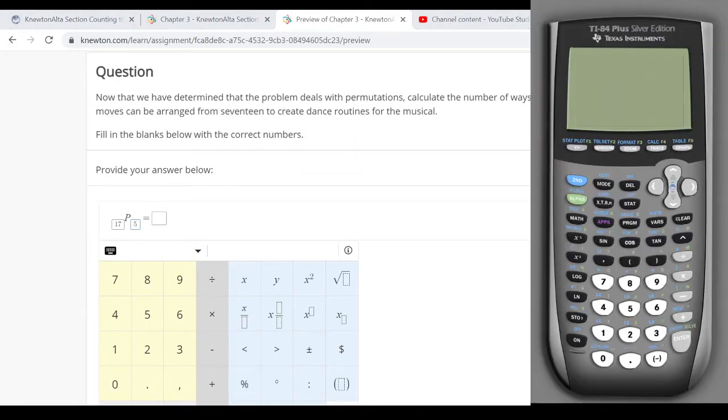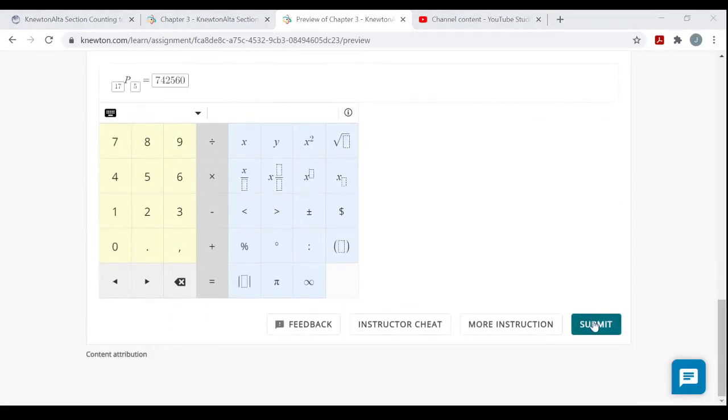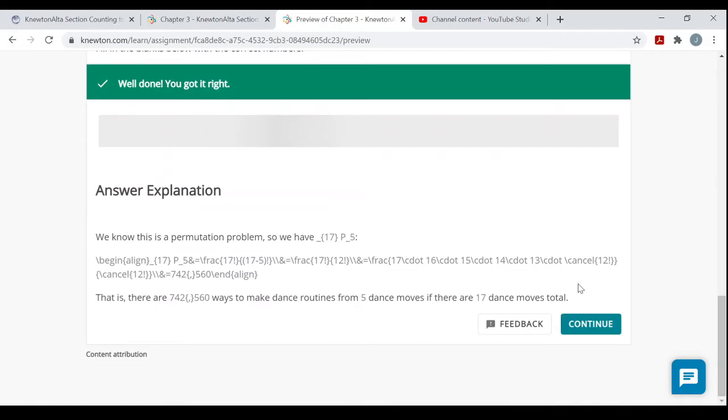So 17 dance moves to pick from, nPr, we're picking 5 of them. There'd be 742,560 different routines this person could make, different orders that the dance moves could come in. So 742,560 is what I'm entering there. All right, and submit. Wonderful.